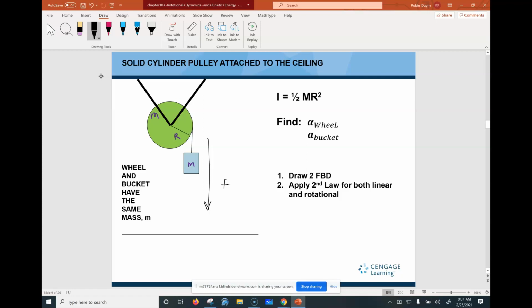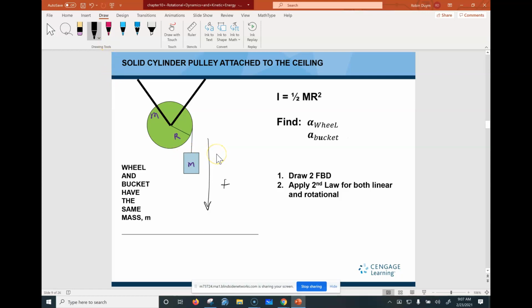All right, so here is our approach. We want to find the angular acceleration of the wheel and the linear acceleration of the bucket. So you want to draw two free body diagrams and then apply the second law for both linear and rotational. That's our goal.